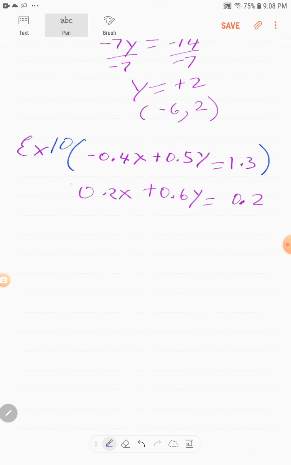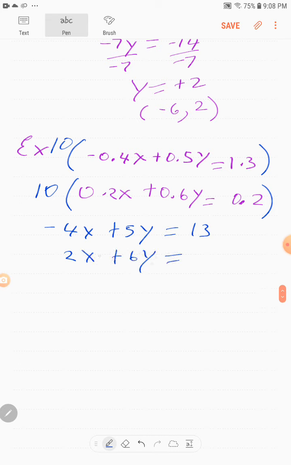Same thing in the second equation. They're all in the 10th position, so multiply that by 10. So multiplying the first equation by 10 gives us minus 4x plus 5y equal to 13. And the second equation would become 2x plus 6y equal to 2.